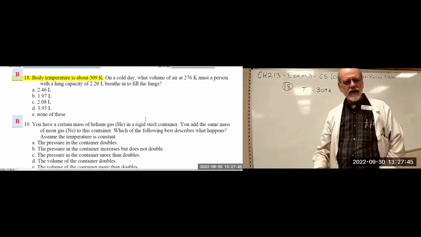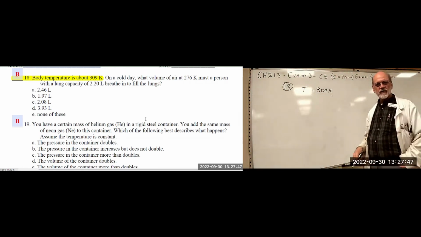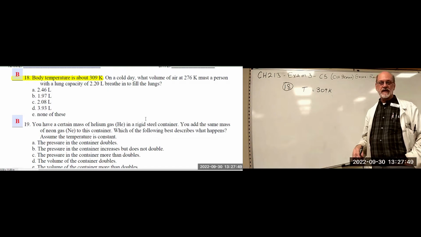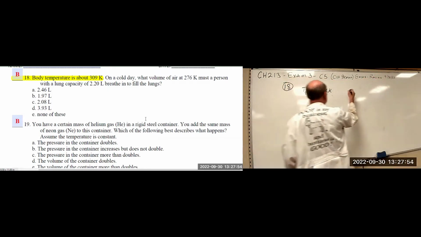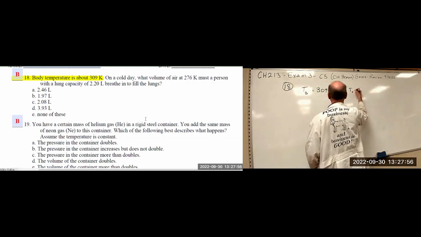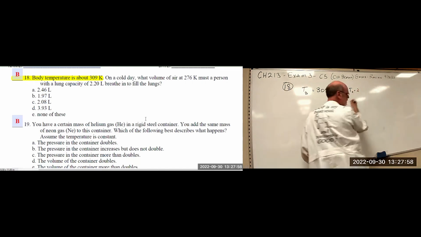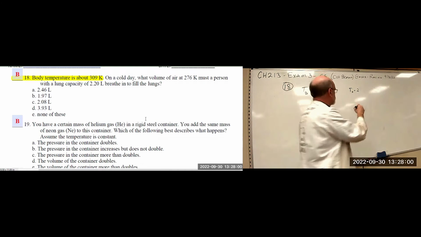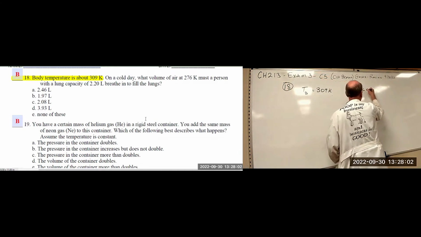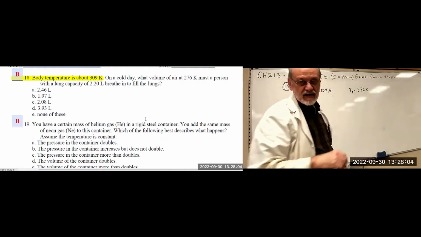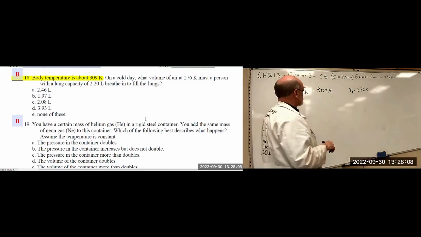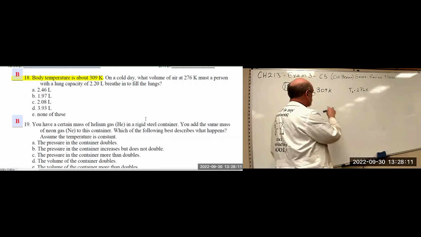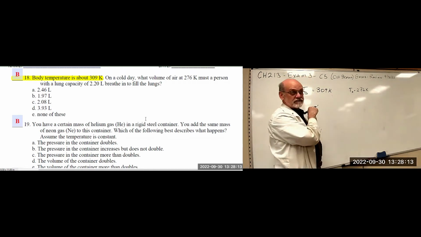On a cold day, what volume of air at 276 K? So this is inside the body, and this is outside the body. Your lung capacity is 2.20 liters.